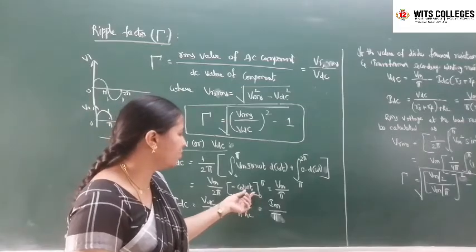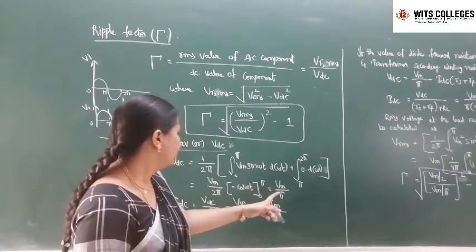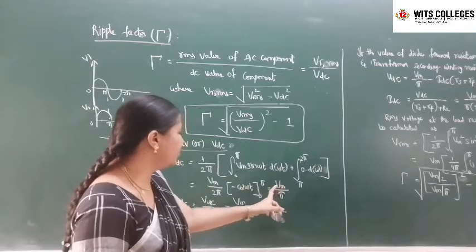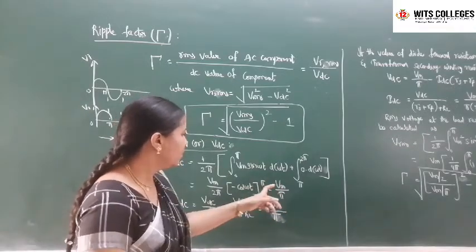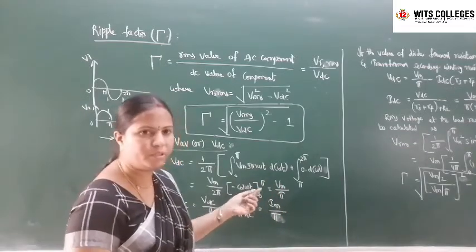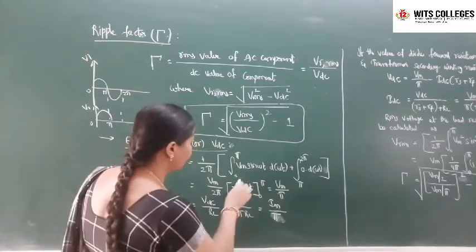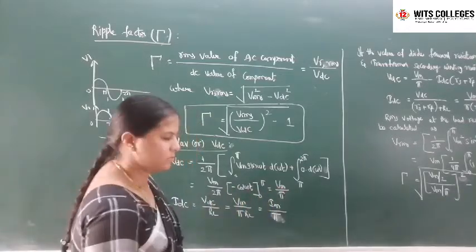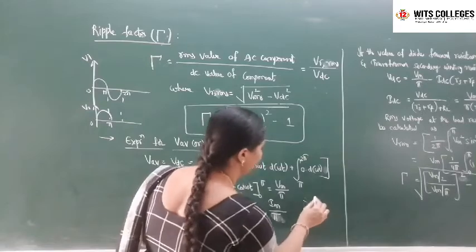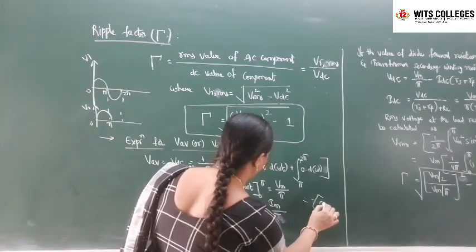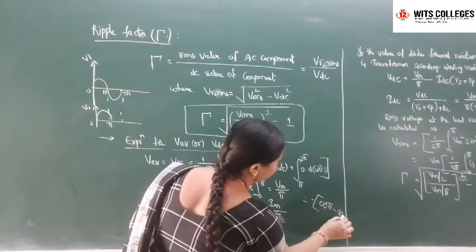So it is equal to Vm by 2 pi, and the 2 cancels, you will get Vm by pi.